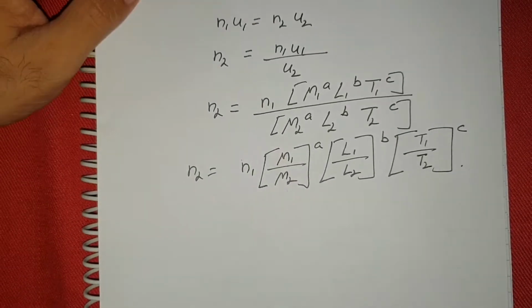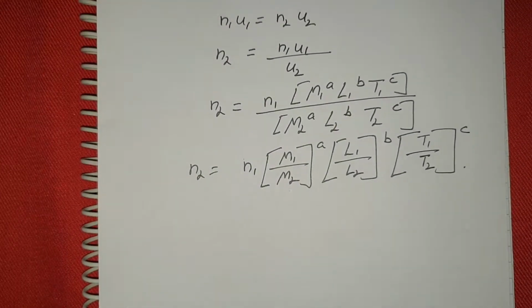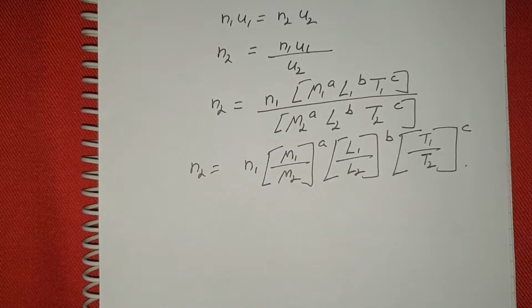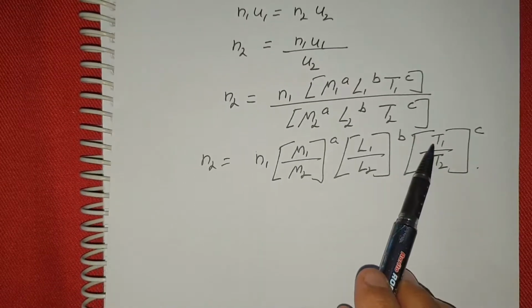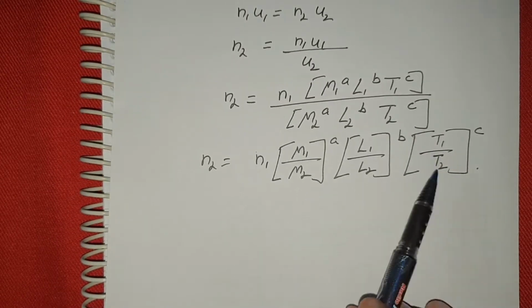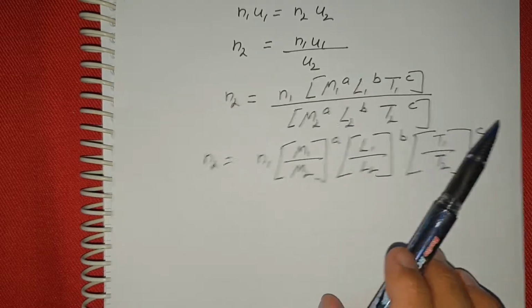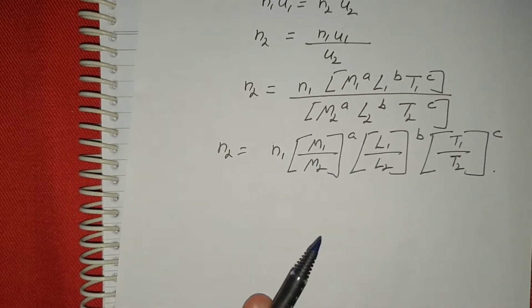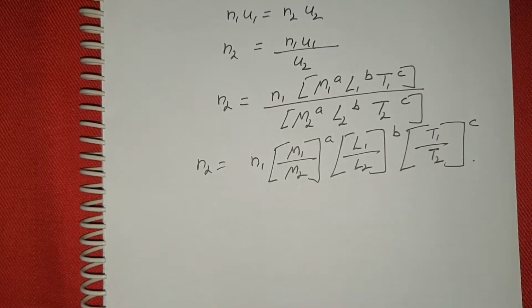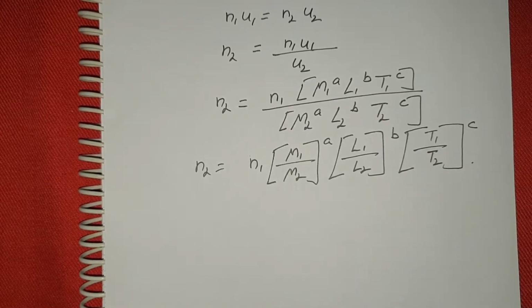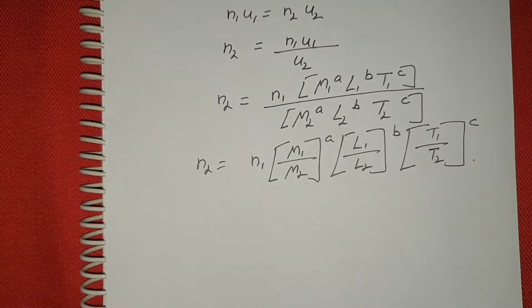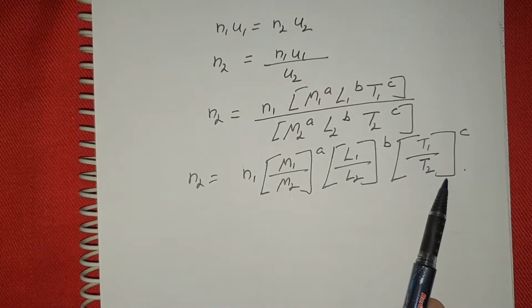So here is the equation. Now, knowing the values of M1, L1, T1 and M2, L2, T2, values a, b, c and n1, we can calculate the numerical value of the quantity in the other system.